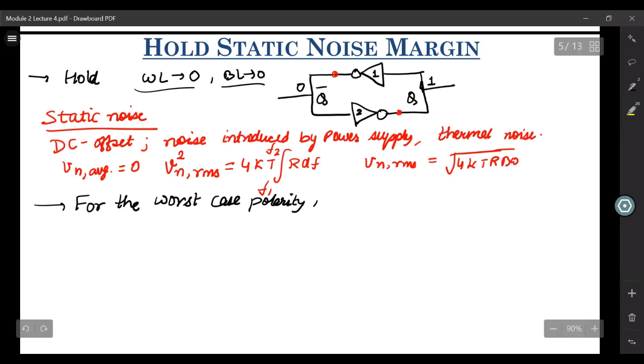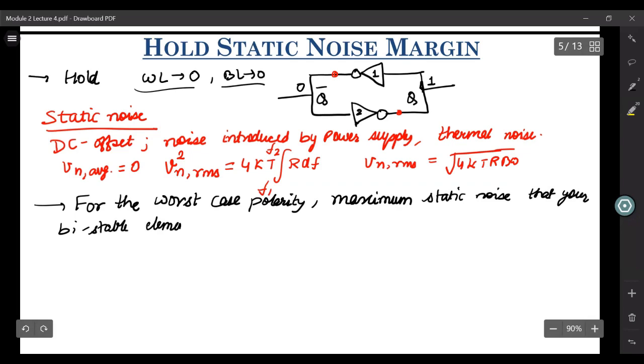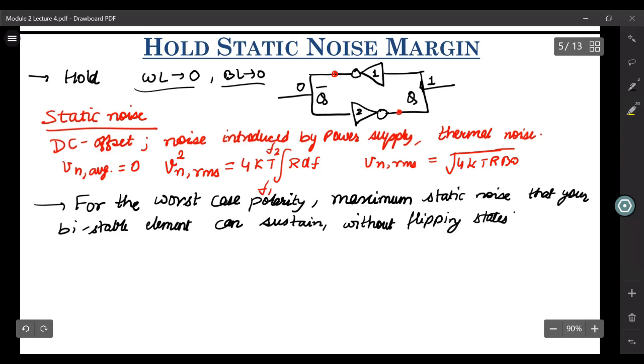So for the worst case polarity, the maximum static noise that your cross-coupled inverter or bistable element can sustain without flipping the states is your hold static noise margin.